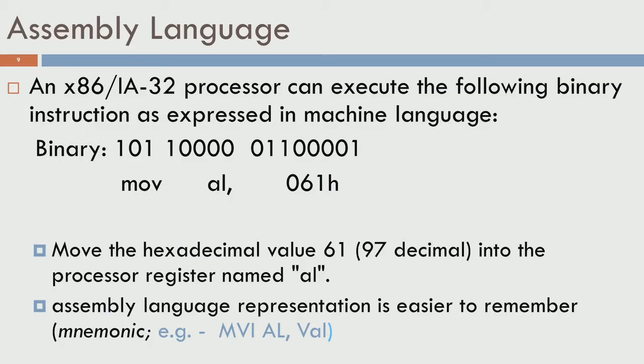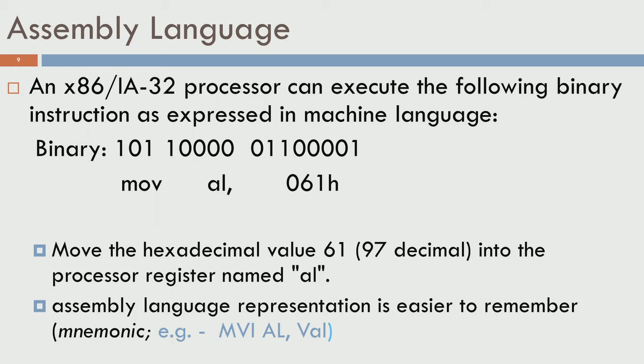Sometimes somewhere down the line you may learn a language called assembly language, and we are seeing a small example here. An x86 Intel 32 processor can execute the following binary instruction: 101, 1, 4 zeros, 011, 4 zeros and a 1.